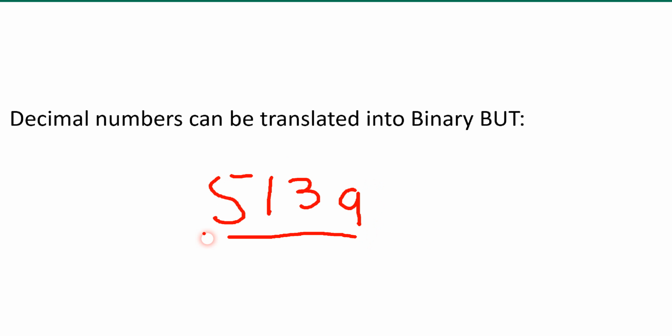And how many bits would we really need to represent this number, right? For this number, we definitely need more than one byte, because 8 bits or 1 byte can represent a maximum of 255, right? So we know that.